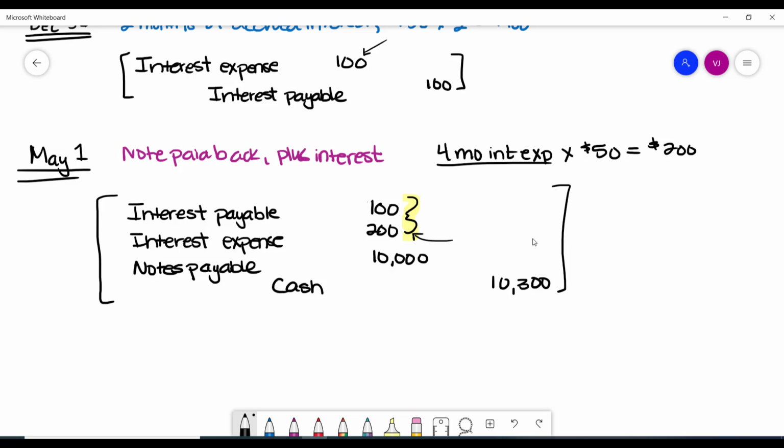So that's what happens. You have to be careful when recording this if a note spans more than 1 year. And then we remove that note. So all in all, the cash that needs to be paid on the maturity date is $10,300. All right, so keep watching on to the next video where we're going to look at installment notes payable.